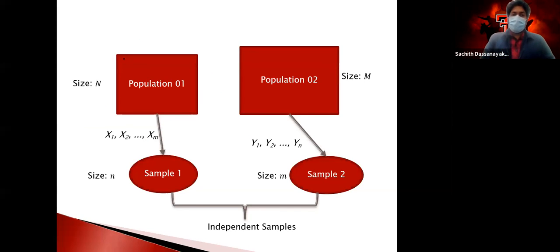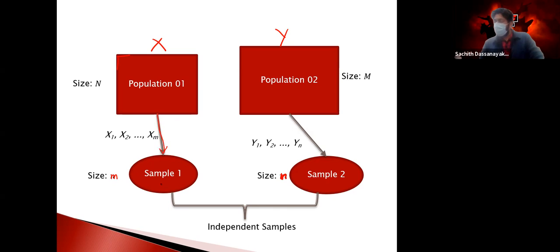Here we have population 1, size capital N, and another population, population 2, size capital M. Let's say this one is capital X, this one is capital Y. We are taking M observations from population 1 right here as our sample.